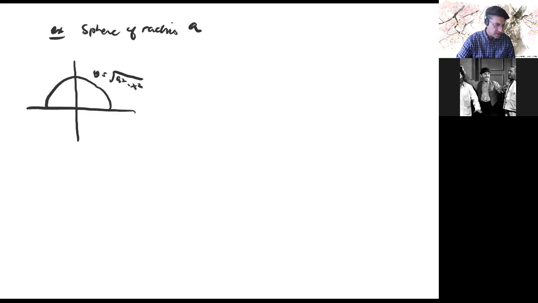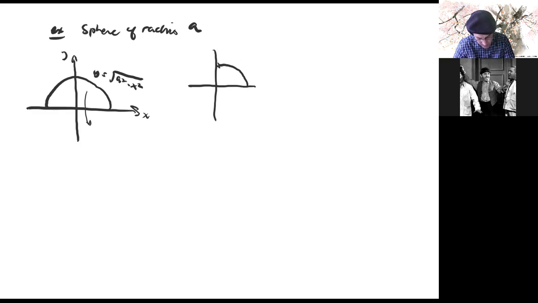Here, a is a constant, obviously. And we can rotate it around the x-axis to get a sphere. It's actually convenient to just use a quarter circle and then multiply the result by 2. So let's use the quarter circle. It makes the integration a little easier.